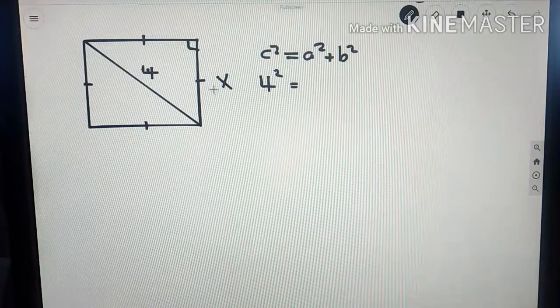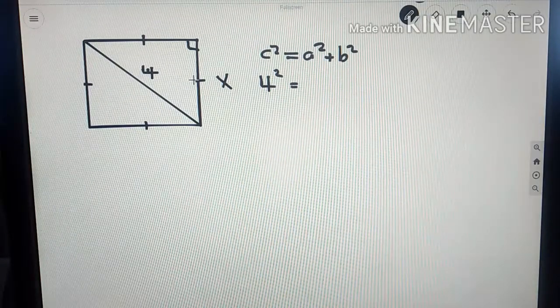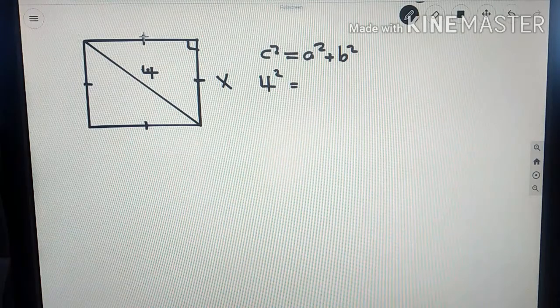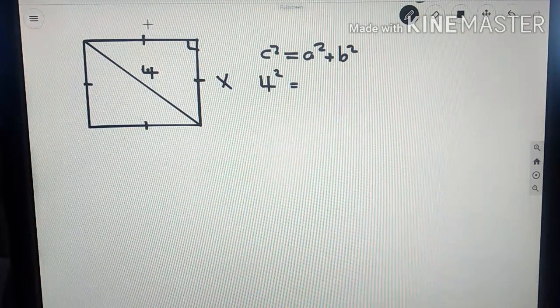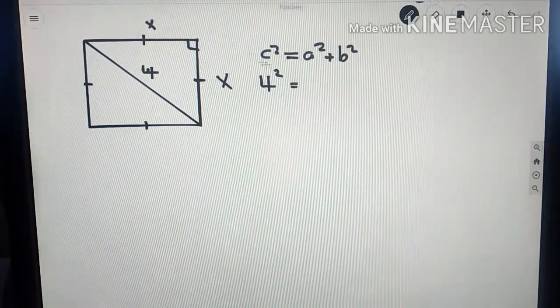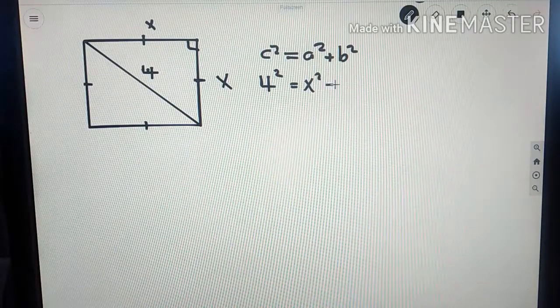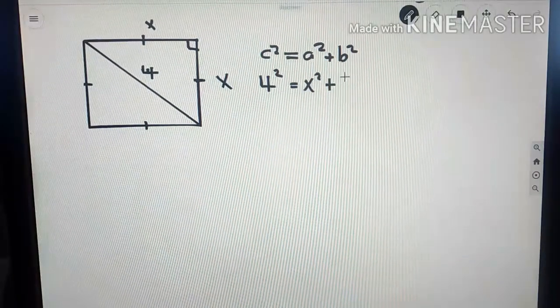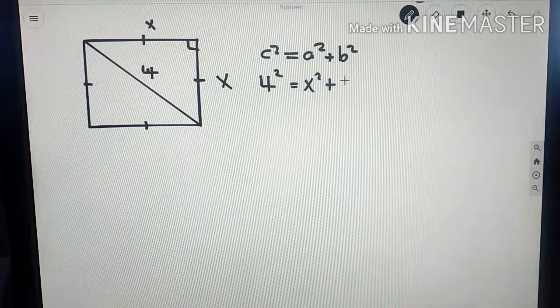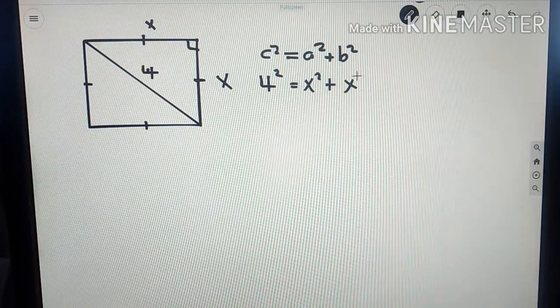Since the sides are congruent or equal, this one automatically will be x, the same.